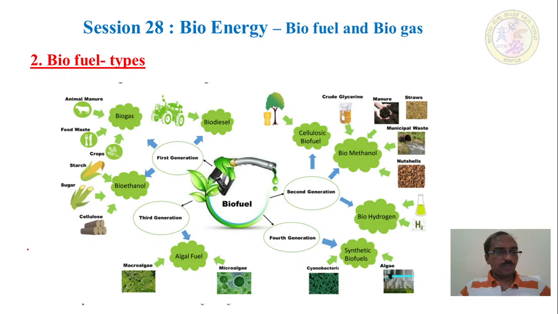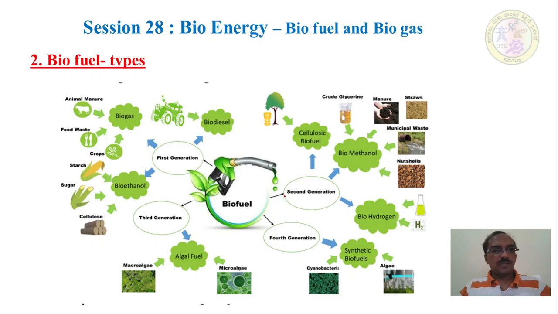In the first generation, which we will be dealing with, we have three different types of biofuels: bioethanol, which will be produced from starch or sugar or cellulose; biogas, which will be from animal manure, food waste, or agricultural crops; and then biodiesel, the diesel that is blended with bioethanol, so that it can be used for a number of transport sectors. These are the three important factors which we started with in the first generation.